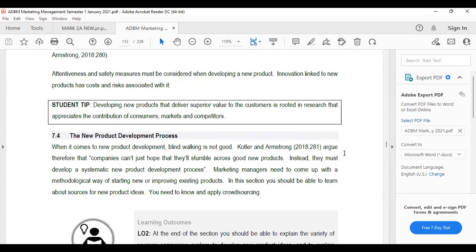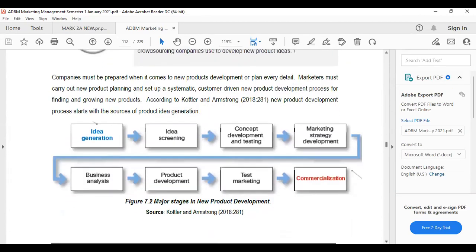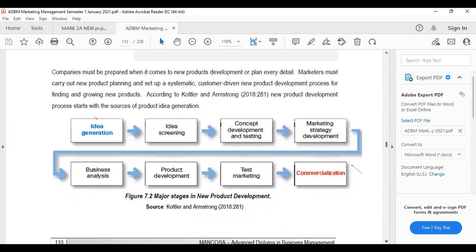So this is our development process. According to the diagram, I've taken it from this study guide as well. So the process is idea generation, idea screening, concept development, testing, up to commercialization.